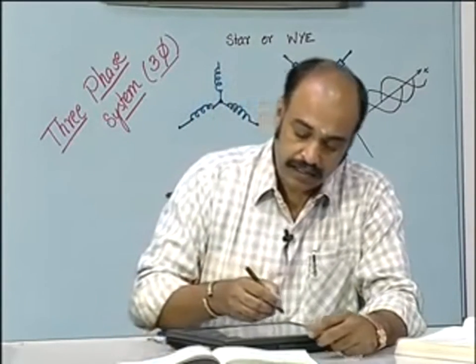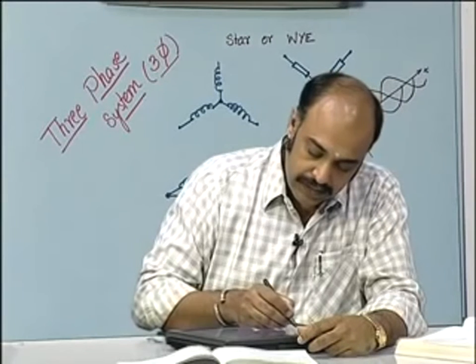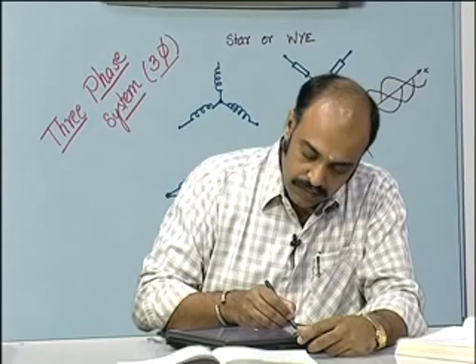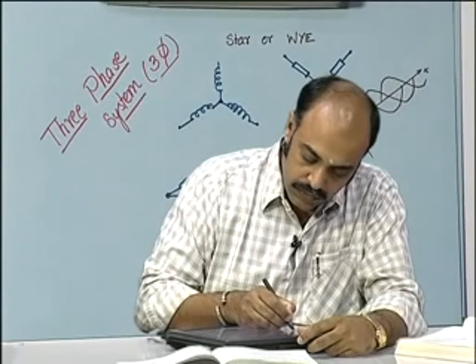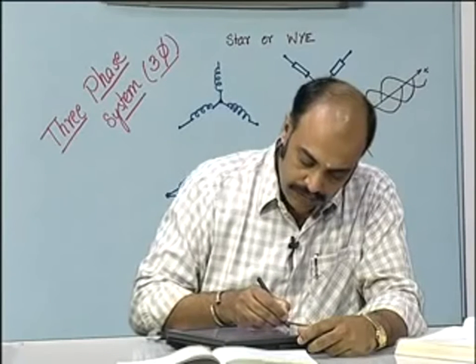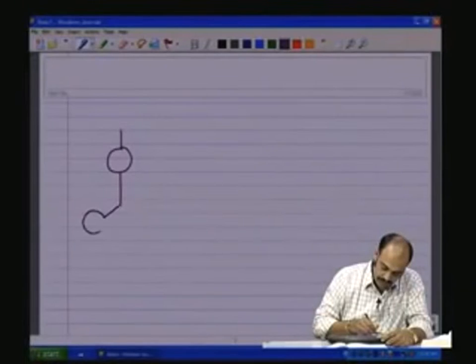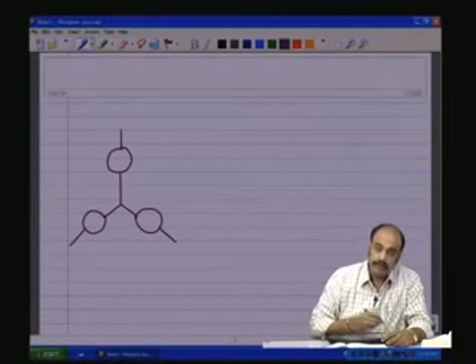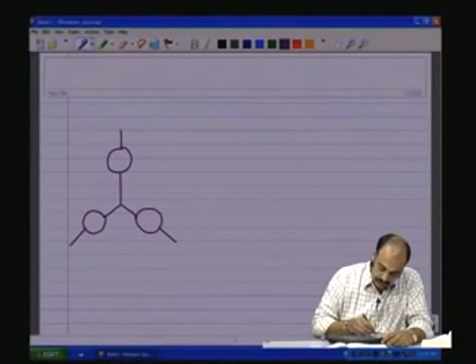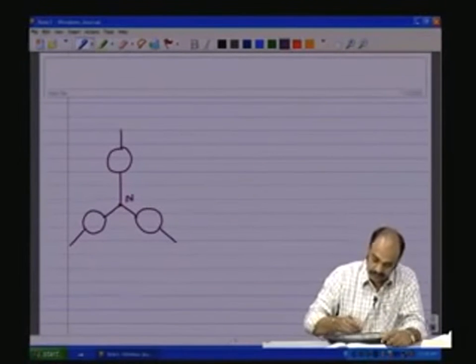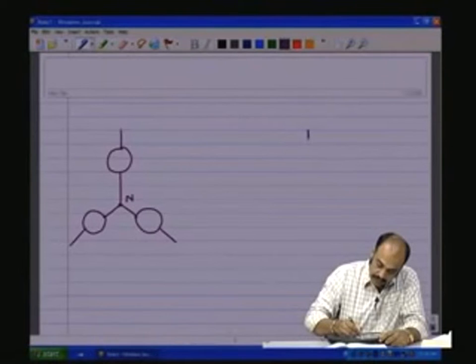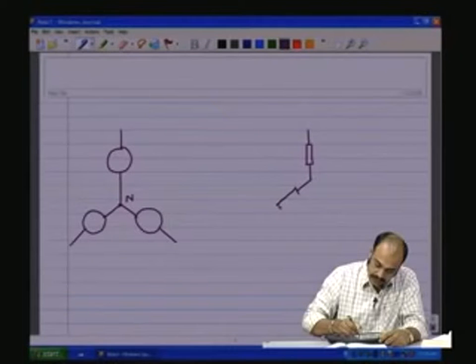In the case of the star, if we have a three phase source like this, it has a central point neutral, that is a star connected source, and let us say you also have a load which is in star.